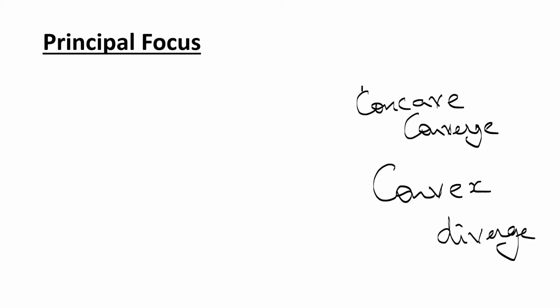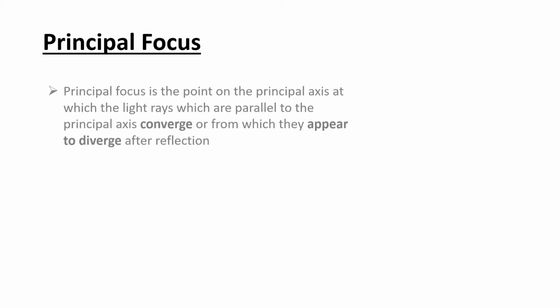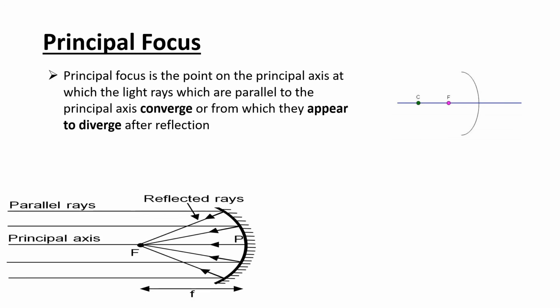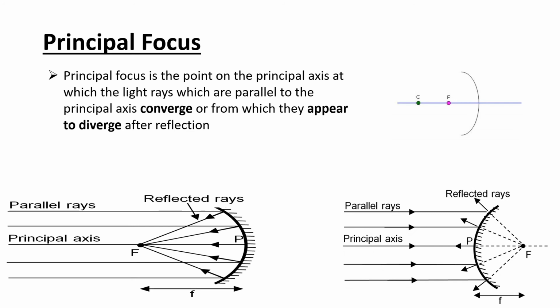Principal focus is the point on the principal axis at which the light rays which are parallel to the principal axis converge, or from which they appear to diverge after reflection. The principal focus is lying on the principal axis.